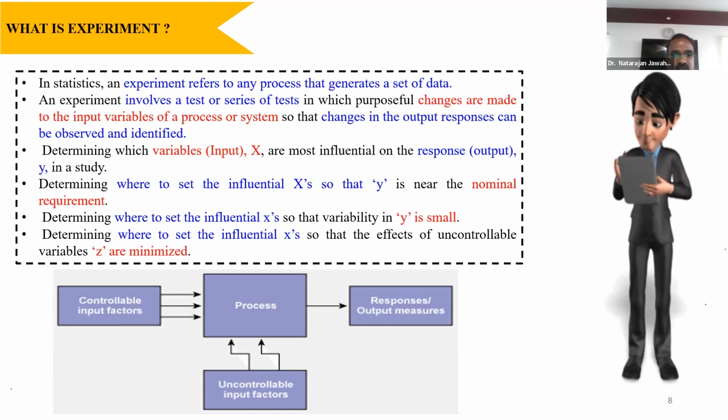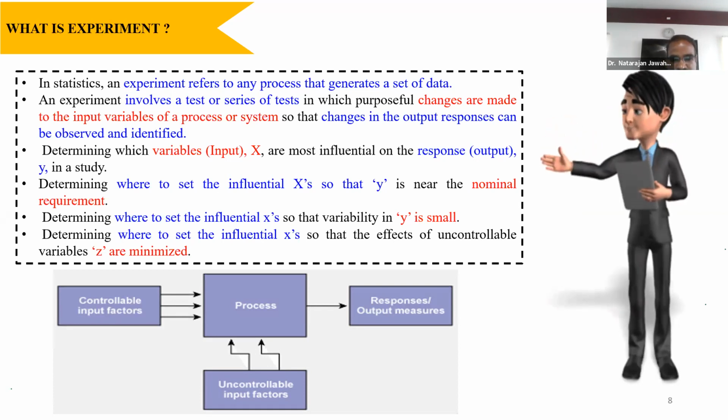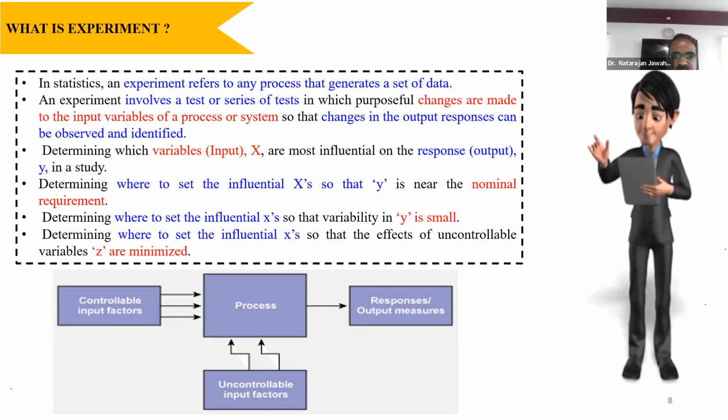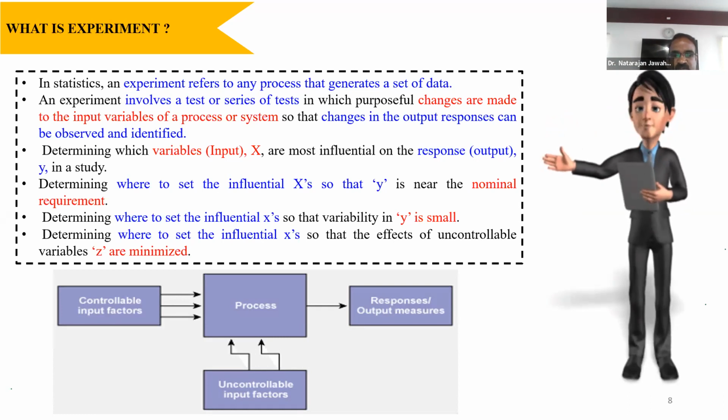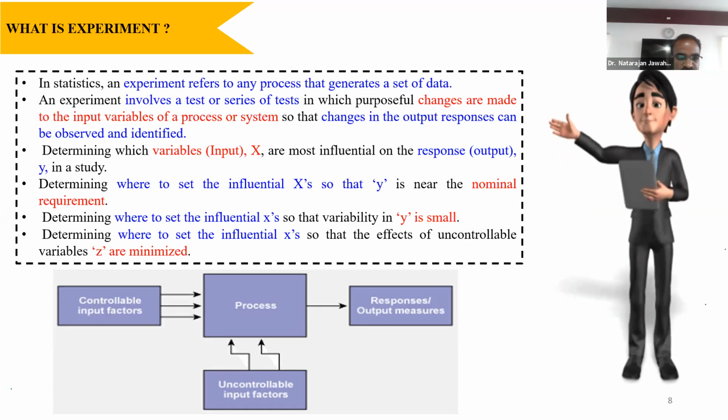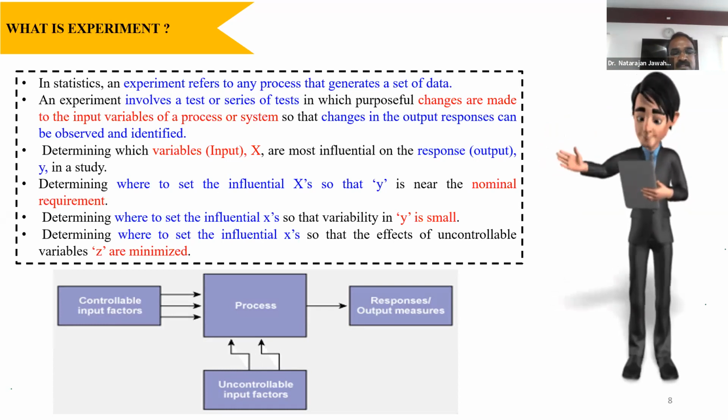Apart from controllable input factors, which always give a response or output measures, as we know very well, some uncontrollable input factors will also be involved in the process, which may affect the response. So we have to know something about uncontrollable variables and how we can minimize them by setting the controllable input factors. That also we should know.